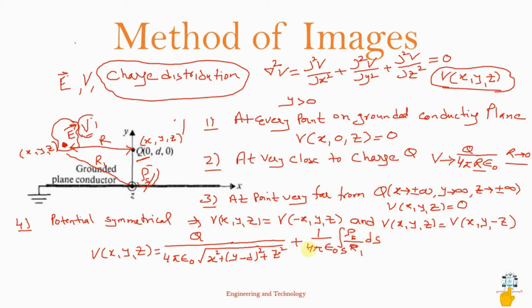First of all we need to find out the charge density, which is not easy to find out. Then, if by some method we are able to find this charge density, this integration is very difficult to solve. So finding the electric potential by using this method is very difficult.